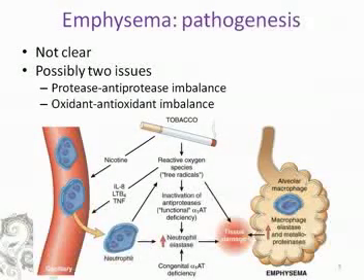So you can see right in the middle of the slide there's an arrow that goes down from tobacco to reactive oxygen species, or ROSs, to the inactivation of antiprotease functional alpha-1 AT. That's that alpha-1 antitrypsin. Okay, so there is a linkage that's believed to occur where it's closely associated with antioxidant imbalance as well.